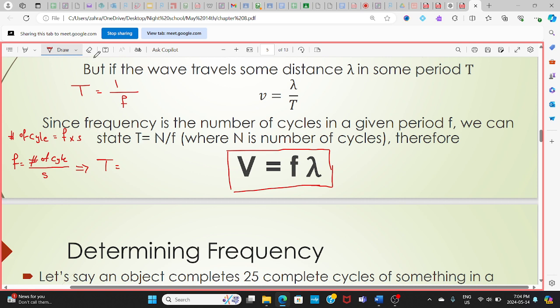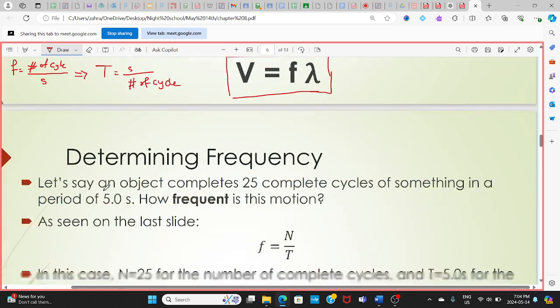Actually, I don't like it. Okay, let's not go over there. I'm going to write it differently. So it would be seconds per number of cycles. Okay, just switch that around.